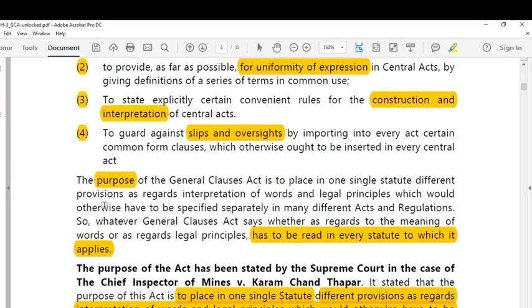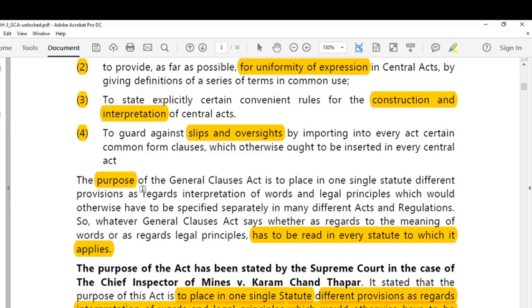And now we come to the purpose of the General Clauses Act. It is to place in one single statute different provisions as regards interpretation of words, legal principles which would otherwise have to be specified separately in many different acts and regulations. Students, now you understand the purpose.